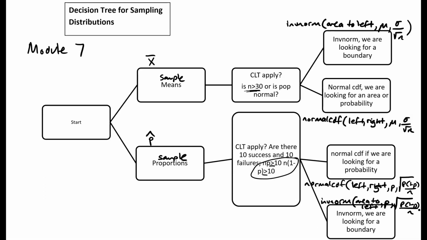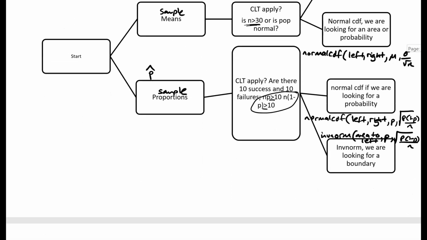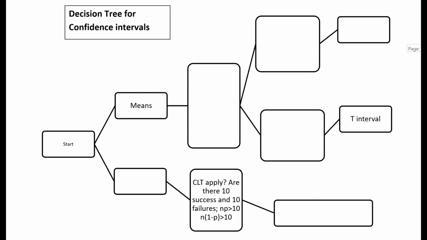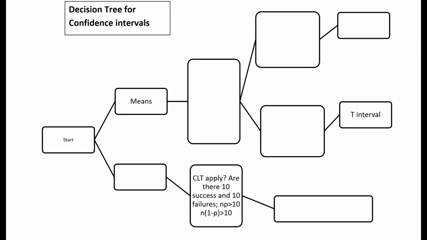So this is a recap of Module 7, and part of the reason I do this recap is because what we're going to be doing in Module 8 is actually very similar. So let's take a look at our decision tree for confidence intervals. It is split up the same way, because what we've been doing in Module 8 is creating confidence intervals to estimate population means and estimate true population proportions.